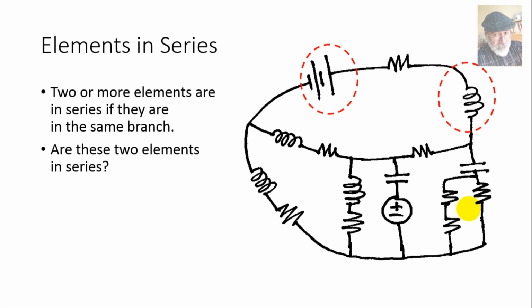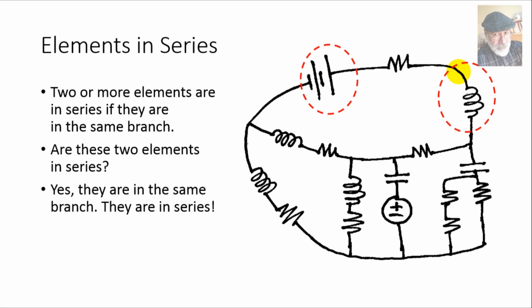Question: are those 2 elements, this battery and that inductor, in series? Let's see. 2 elements are in series if they are in the same branch, right? Those 2 elements are in the same branch, then they are in series. Yes, they are in the same branch. Therefore, they are in series even though they don't touch each other.